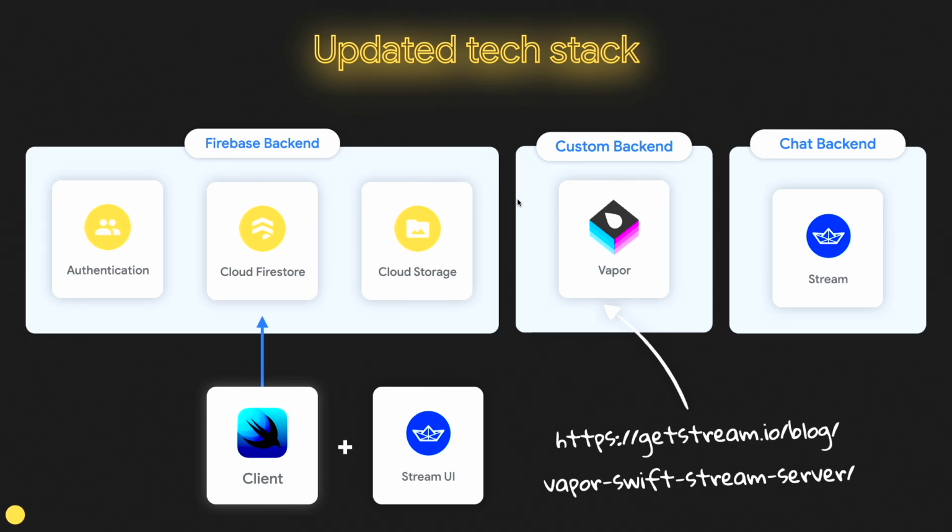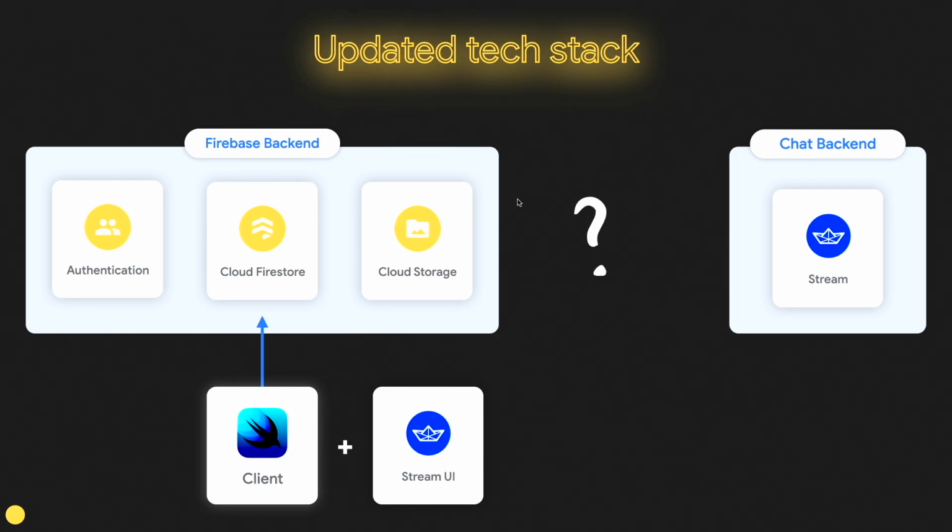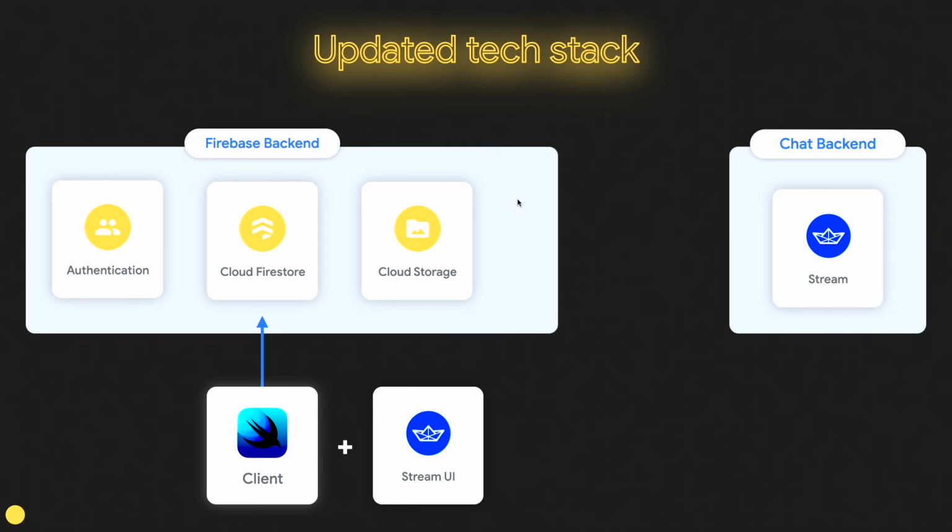And Tim even wrote an article about using Stream in a Vapor server. So that would be a good idea. But I'm here from Firebase, so I need to take a stand and say, no, sir, we don't want to run and operate our own servers. We want to have it easy. So let's solve it a different way.